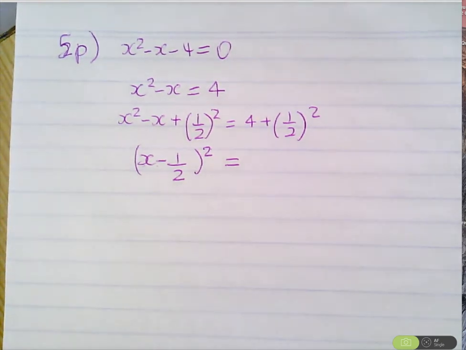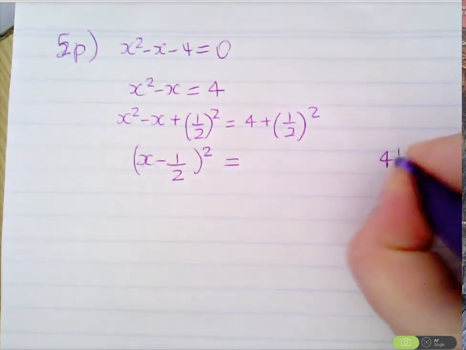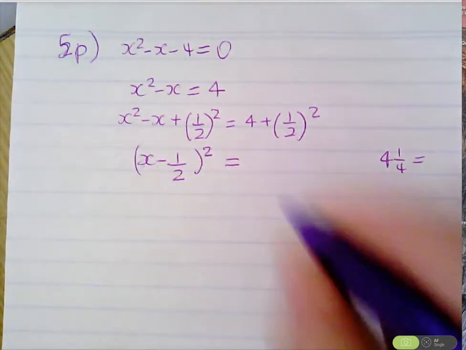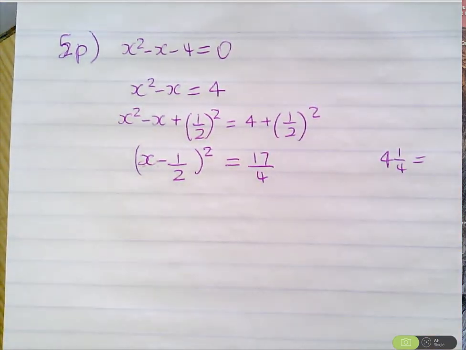What's a half squared? What's a half times a half? A quarter. What's 4 plus a quarter? Which is, as an improper fraction, 17 over 4 again.